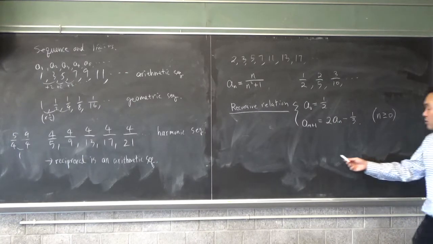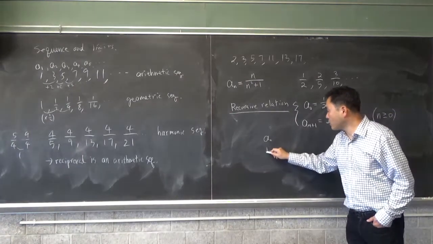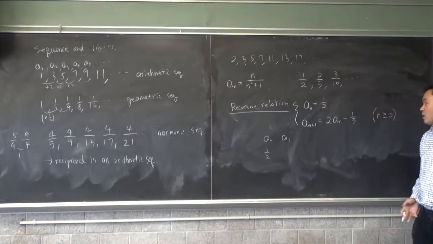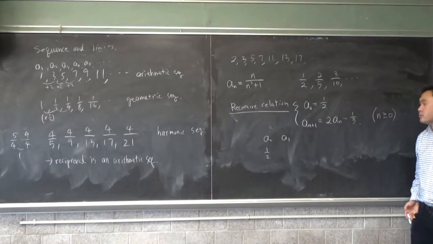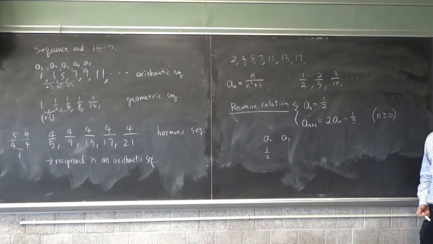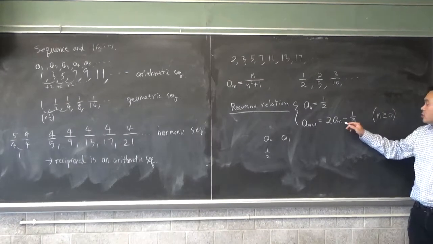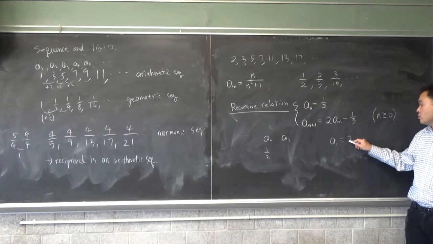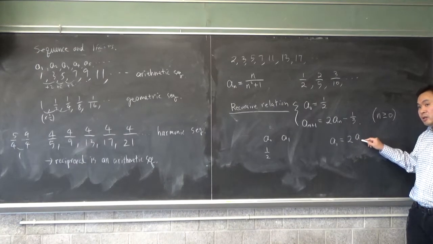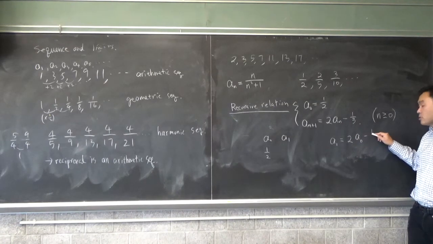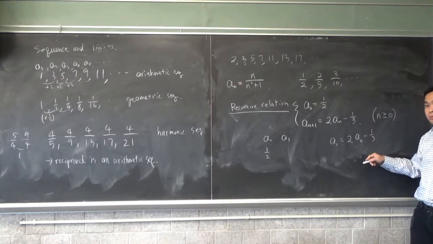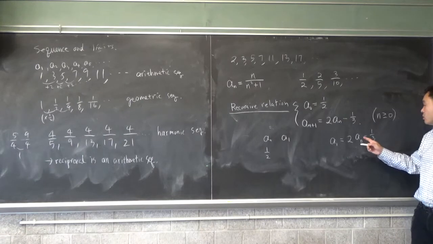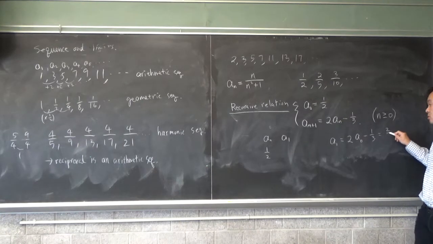So a0 is 1/2, that we know. Well, what's a1? Can you try that? You plug in 0 here. What does it say? a1 is twice a0 minus 1/3. What's a0? 1/2. 1/2 times 2 is 1. 1 minus 1/3 is 2/3.